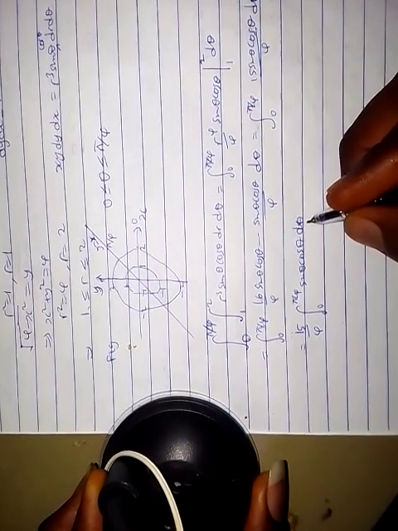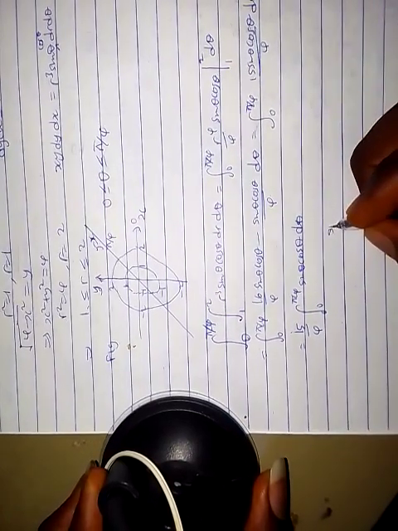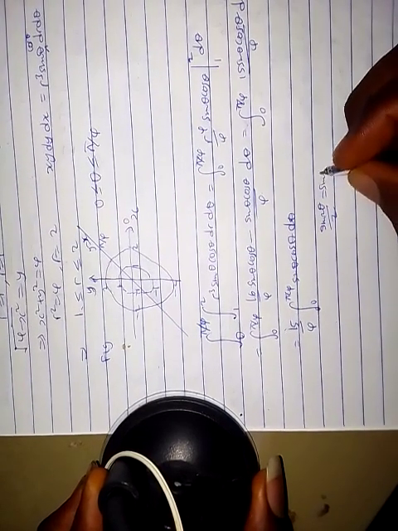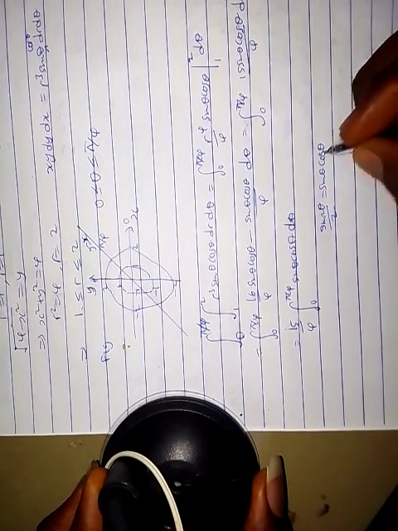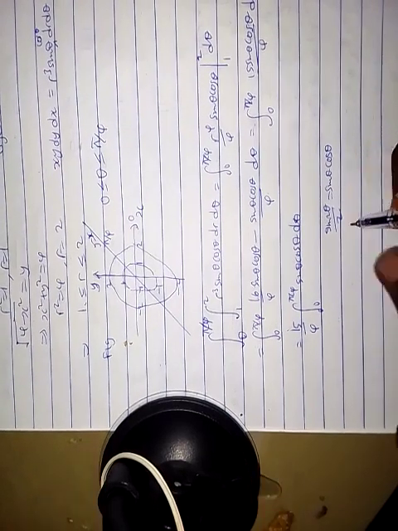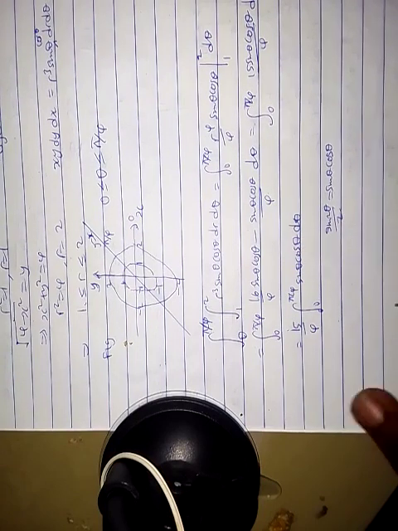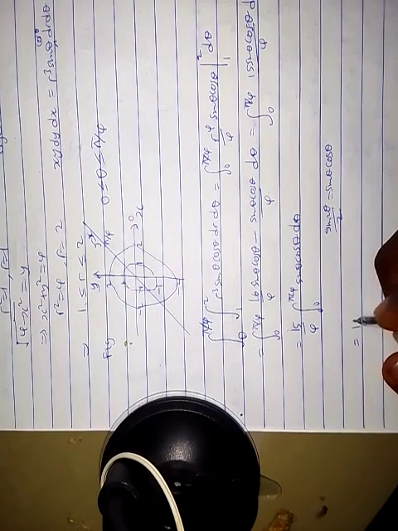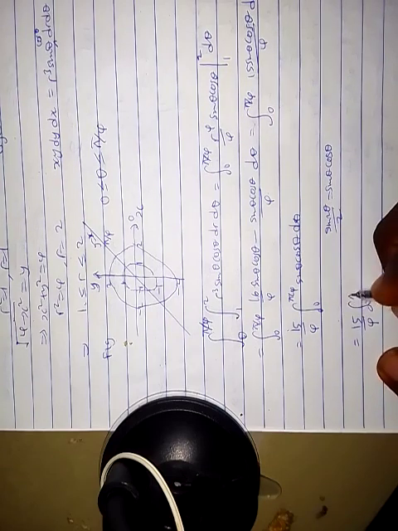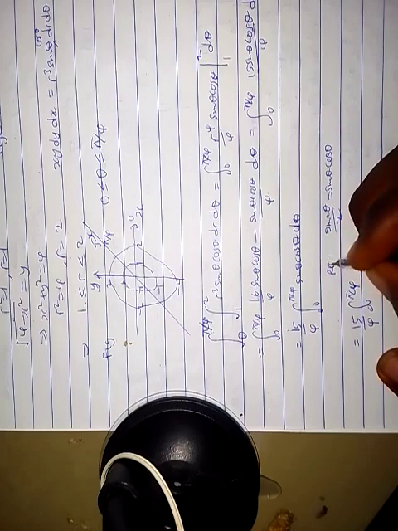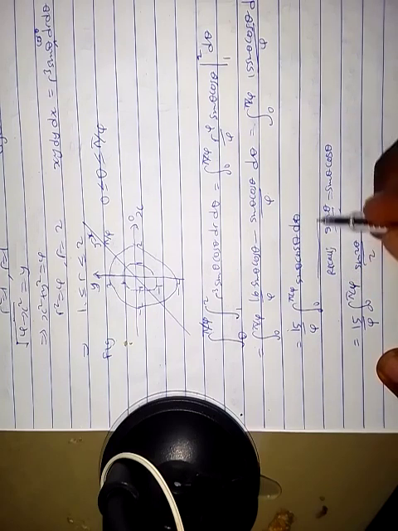Well, in this case, we have to recall from trigonometry that sin 2 theta over 2 equals sin theta cos theta. So we are going to replace sin theta cos theta with sin 2 theta over 2 so that we can evaluate our integration directly.